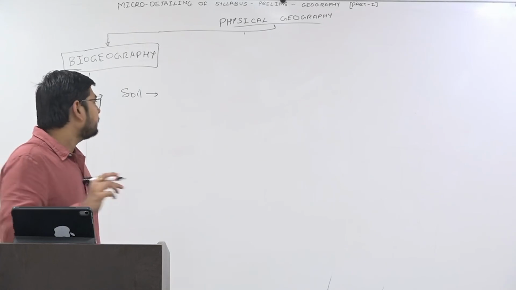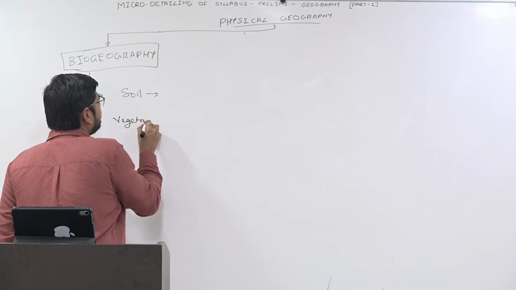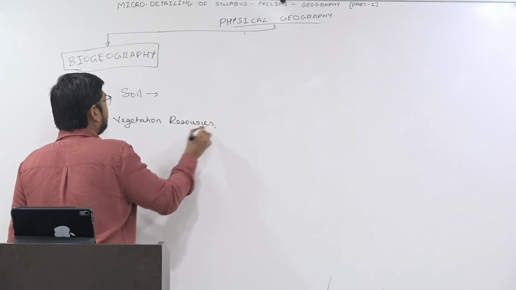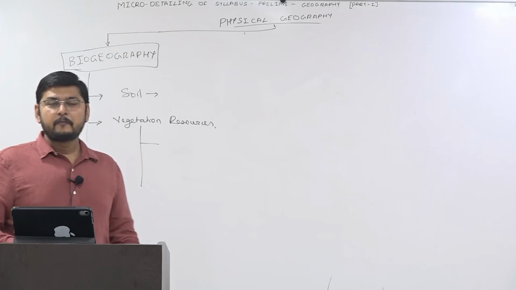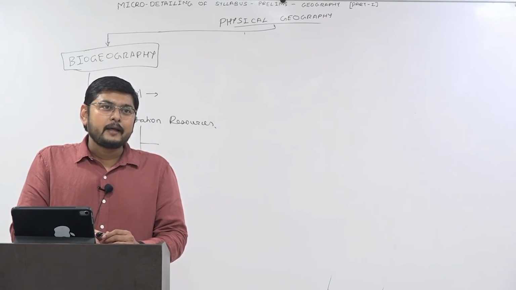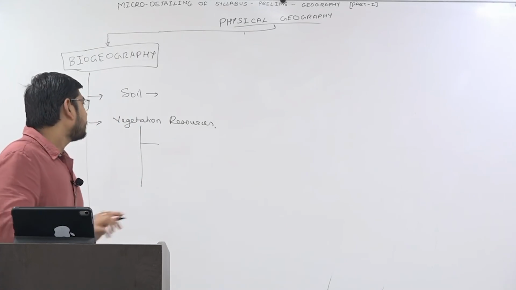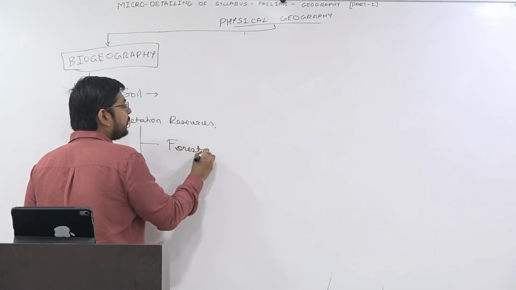The next part here we have is vegetation resources. For example, if I have vegetation, will it be a resource? Yes. The forest. They play a major role as a resource.